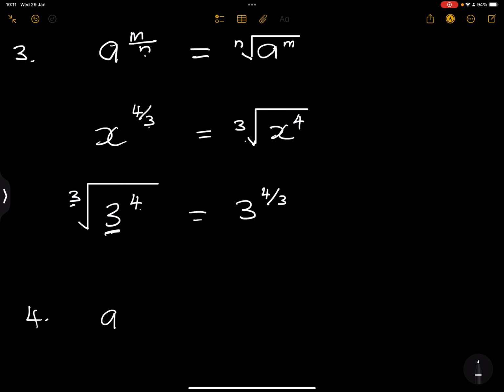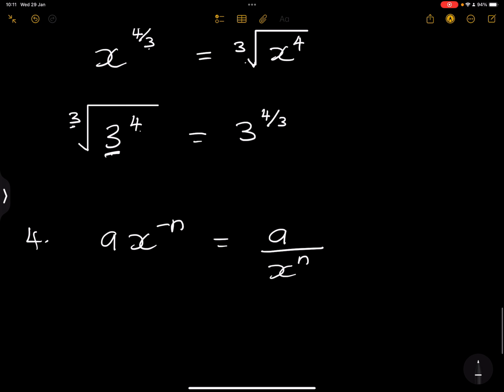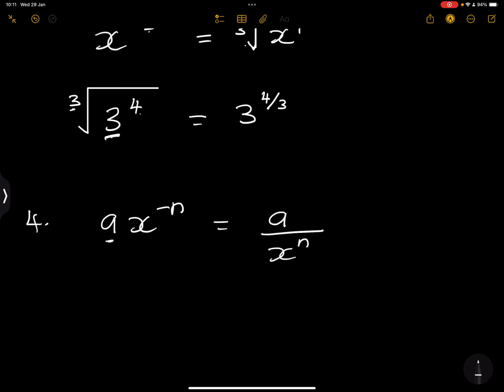If I've got, let's say, a over x to the minus n, I know that we've spoken about this, but in this case this will become a divided by x to the power of n. Please note that our base is x, it's got a negative exponent, so we write it as a positive power, in the inverse. All right, so let's go to the next one.